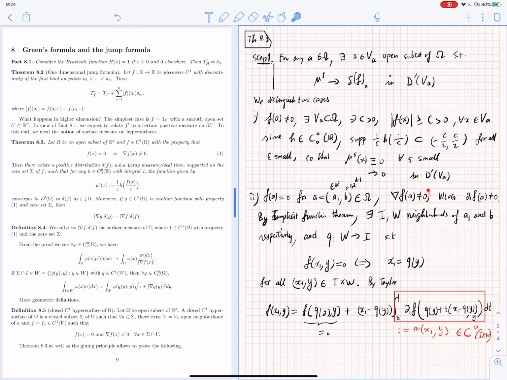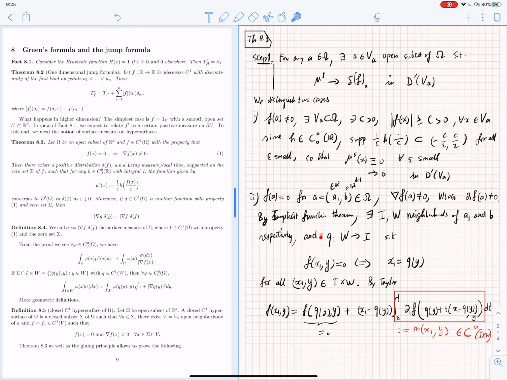This is the general assumption that we have for the function f, and then we assume without loss of generality that the partial derivative with respect to the first coordinate is non-zero, and we would like to get rid of this dependence on this choice. So we would like to have an expression for the limit in terms of only the gradient of f and also possibly the function q. Function q is the implicit function we found in the implicit function theorem.